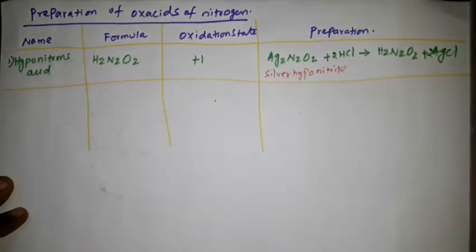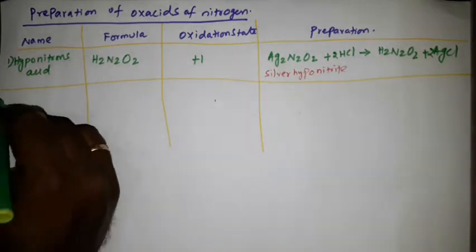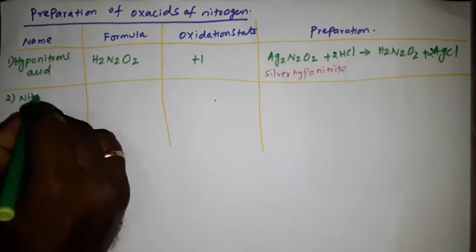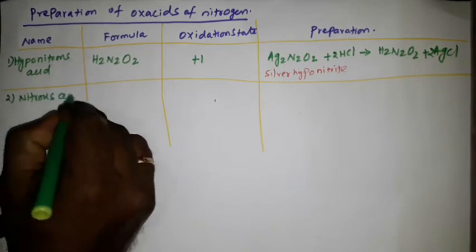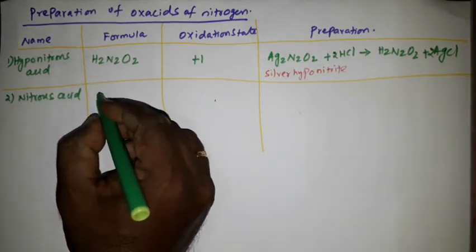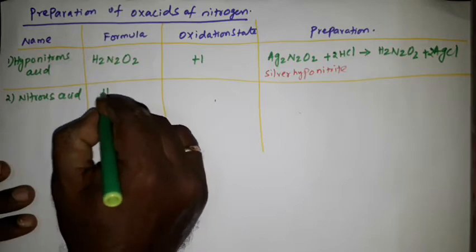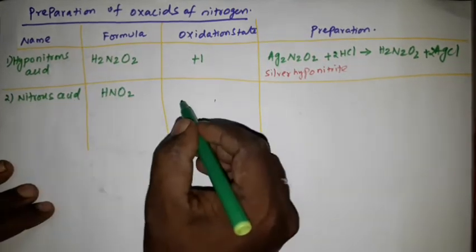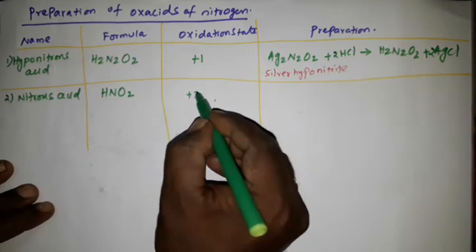Then the second member is nitrous acid. Number 2 oxacid is nitrous acid. The formula of nitrous acid is HNO2. Here the oxidation state is +3.